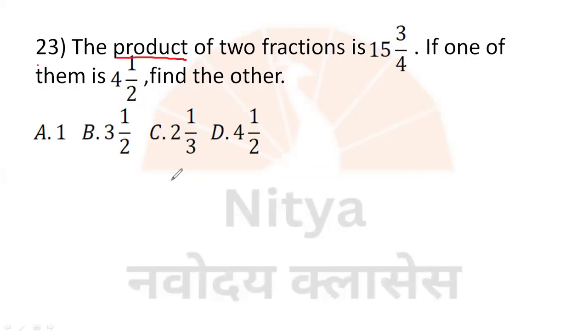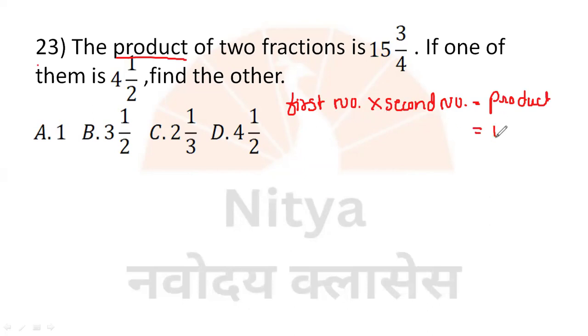The product of the two fractions is 15 and 3/4, and one of them is 4 and 1/2, so we have to find the second number.